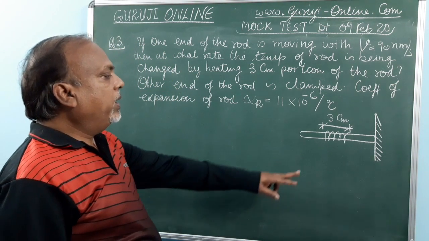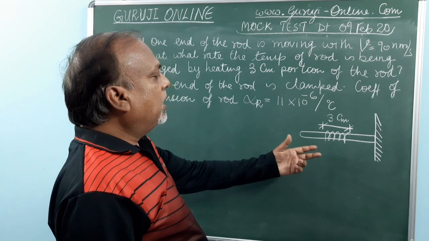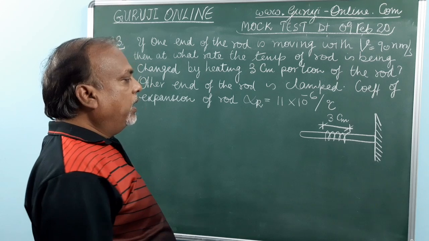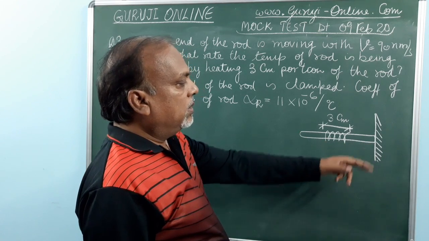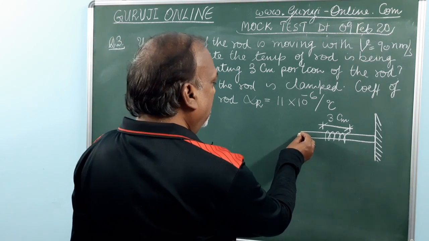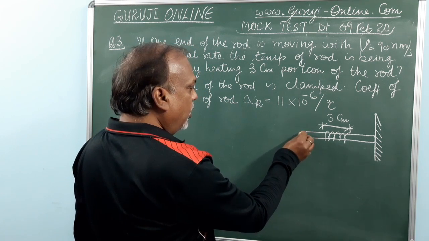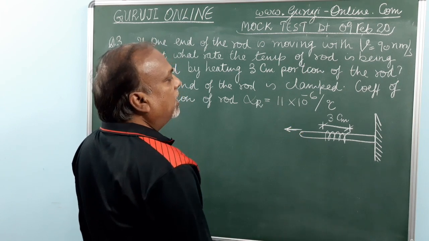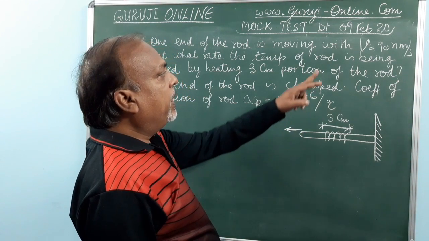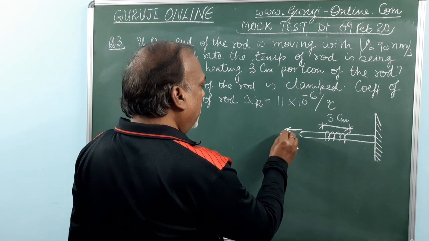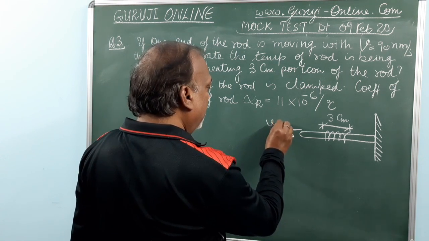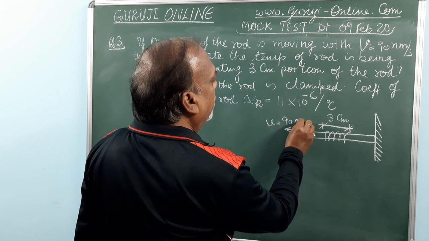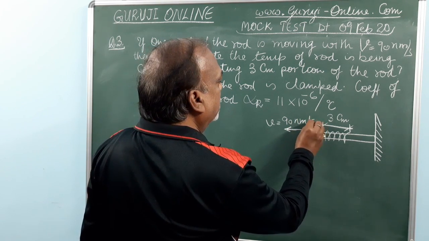By hitting this, naturally this rod will expand, and due to this, since this end is clamped, this end will move in this direction, and it is given that it is moving with velocity v equal to 90 nanometer per second.